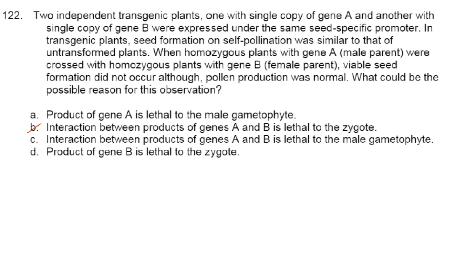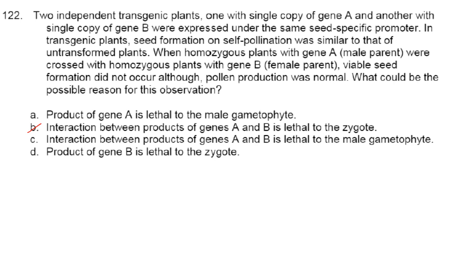So option A. Product of gene A is lethal to the male gametophyte. If that was so, then pollen production would not have been normal. It is given in the question that pollen production was normal. So A is not correct. Interaction between products of genes A and B is lethal to the zygote.